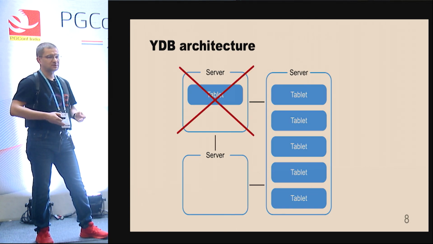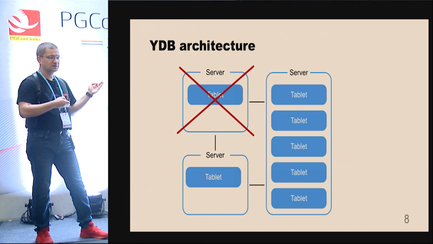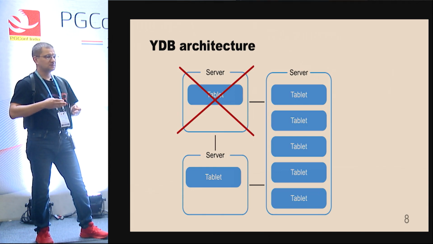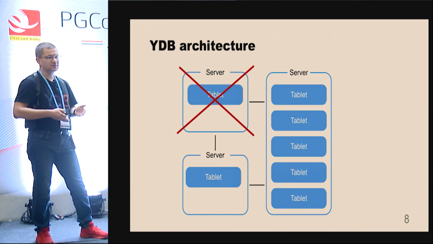When a server fails, all tablets from that server start on another server. It doesn't need manual intervention from a human. It is processed automatically within a few seconds, and the YDB cluster continues to work without interruption.